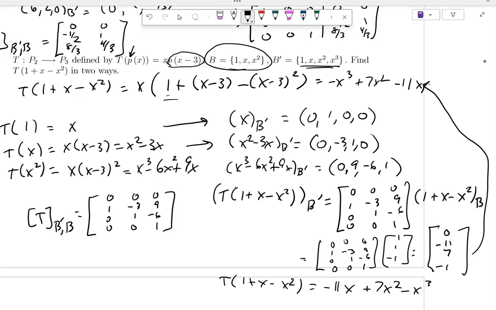And the big theorem of this particular section is you can always do this for finite dimensional vector spaces. Every single transformation for finite dimensional vector spaces can always be done through matrix multiplication. Every single one of them.